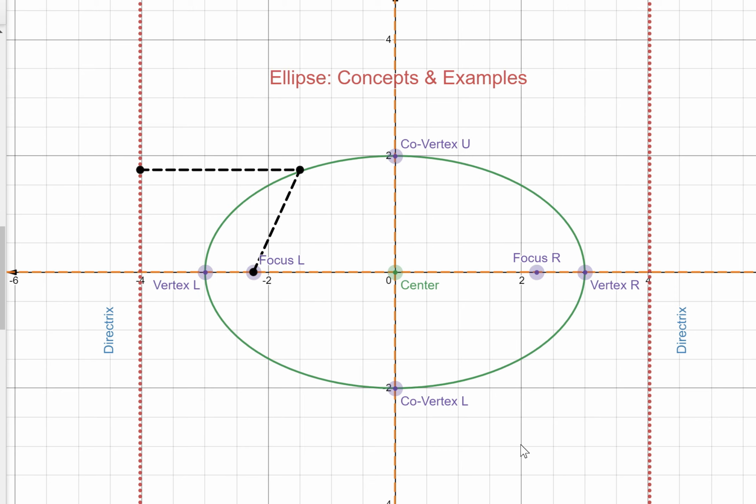The locus of points on an ellipse can also be defined as the ratio of distance from the focus to that from the line which is called directrix. So this ratio of any point on the curve from the fixed point called focus to the fixed line called the directrix is called eccentricity of an ellipse.